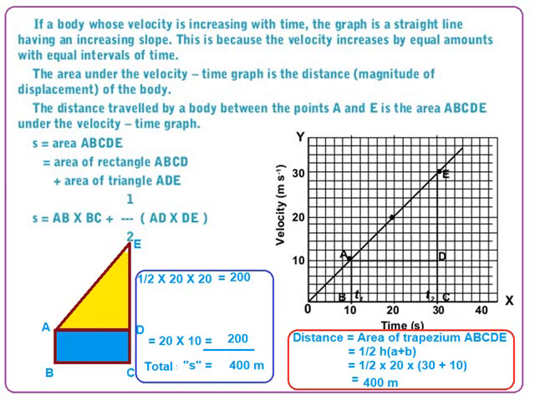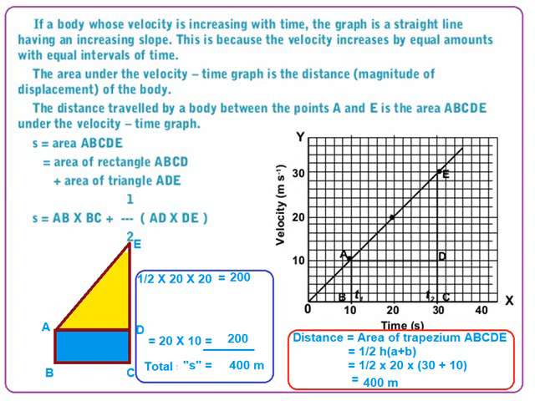So A, B, C, D, E is composed of two figures, one the yellow color part triangle and the blue color part rectangle. Now find the area of the triangle and find the area of the rectangle and add both of this, you will get the total distance.